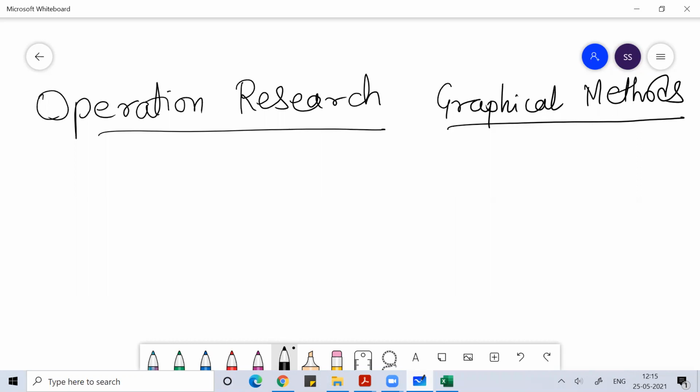Today we'll do this problem: maximize z equals 3x1 plus 4x2. You have to solve this by graphical method. The same question you can solve by Solver, or by the simplex method. Simplex method I'll teach you after I finish the graphical method. But Solver is a function in MS Excel, which I will not do for you because that is not part of your BCA curriculum.